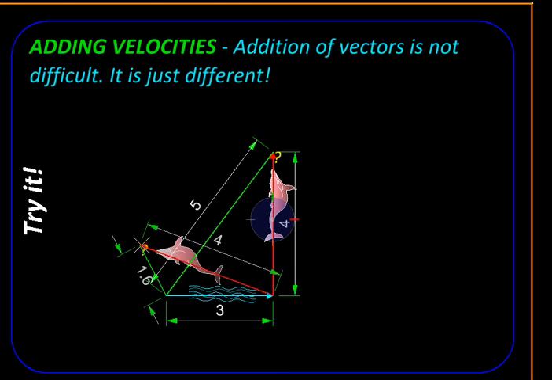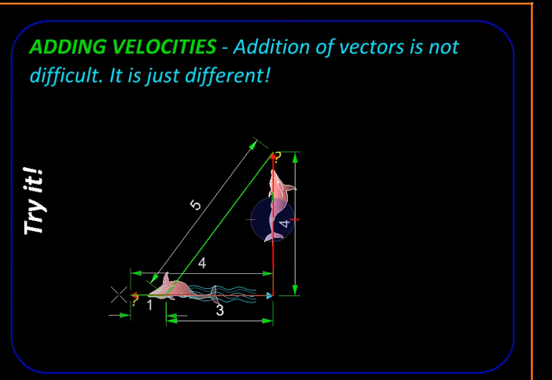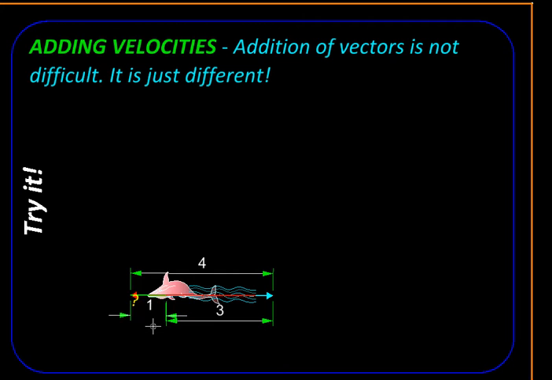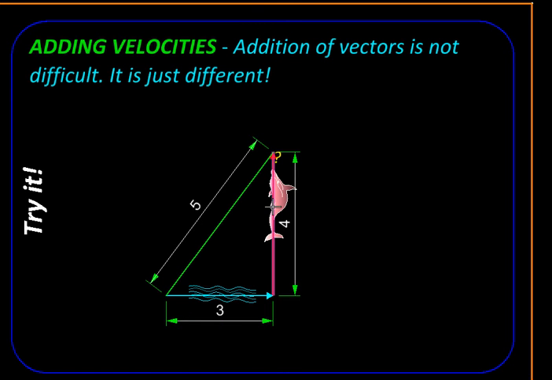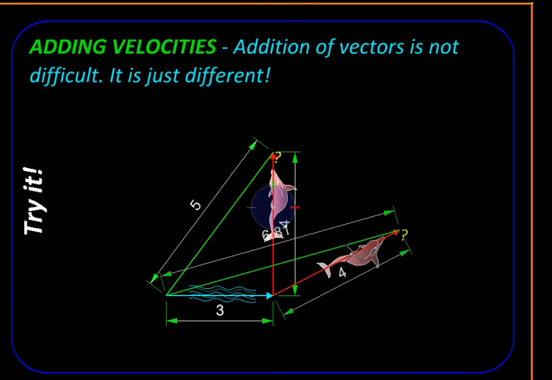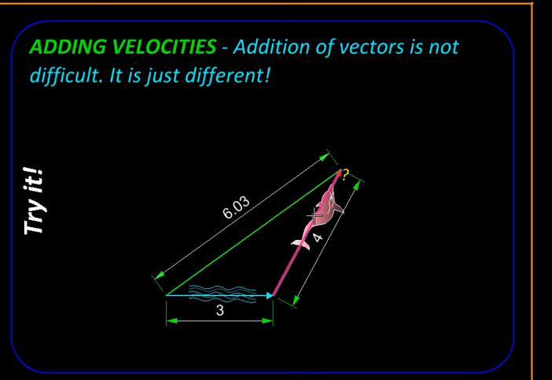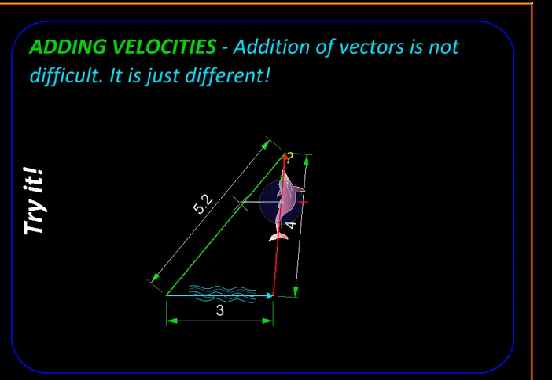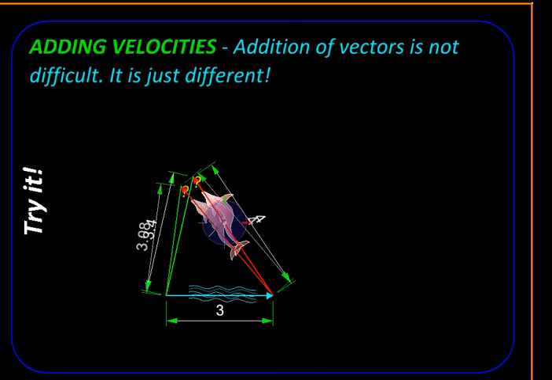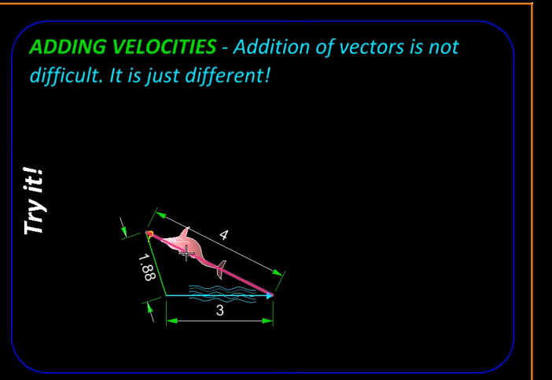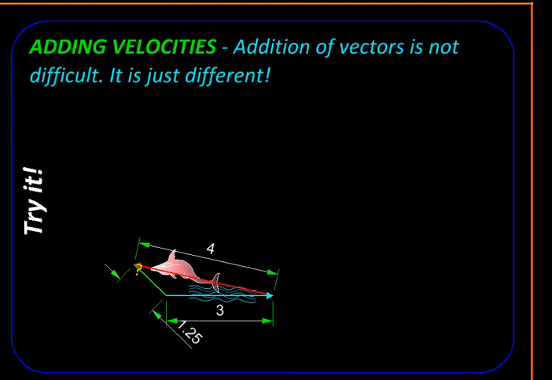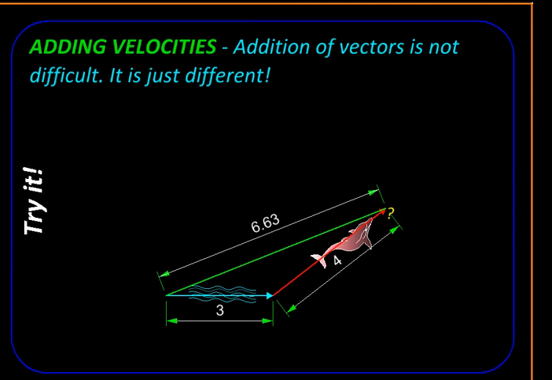And when it is moving opposite to the current, the effective velocity is going to be 1. But really speaking, the magnitude of velocity could be anywhere between 7 and 1. All possible values between 7 and 1 could be taken just by changing the direction of the dolphin's velocity. So all these values are possible.